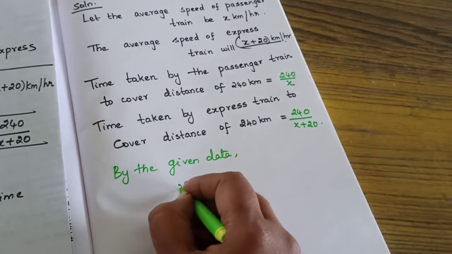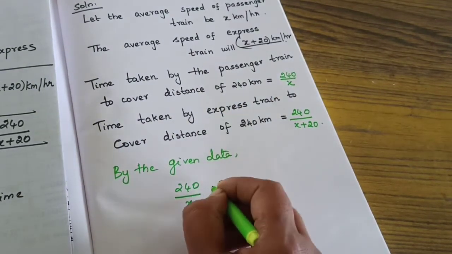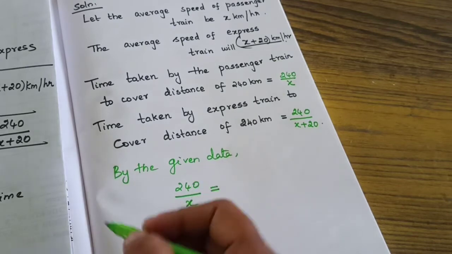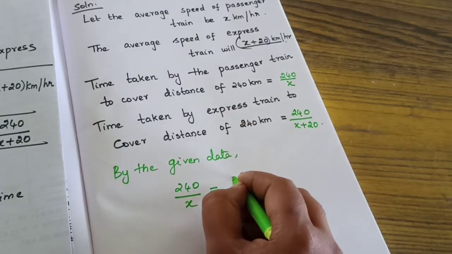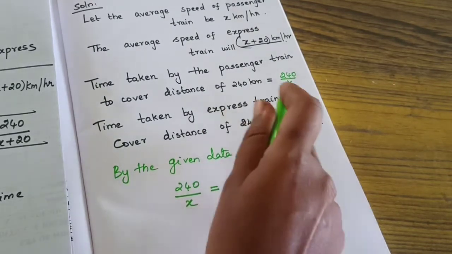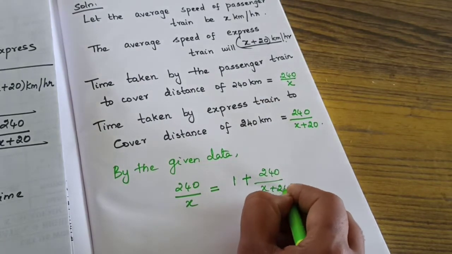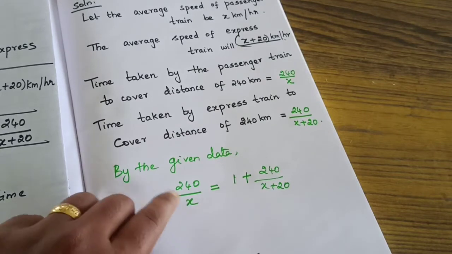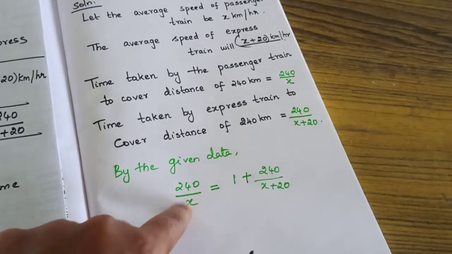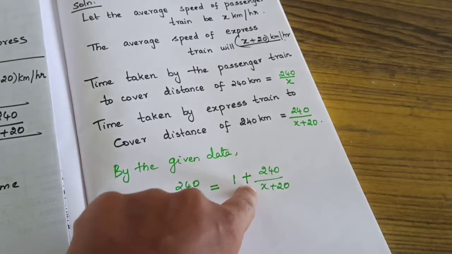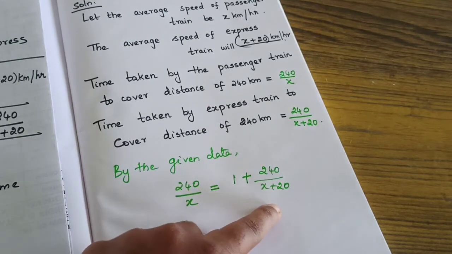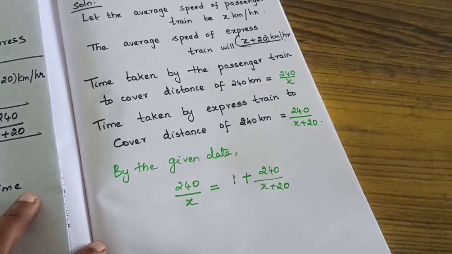So the passenger train's time 240 by x is equal to, it will take 1 hour more than the express train, so 1 hour more than the express train time, 240 by x plus 20. This is the main step. Listen carefully. This is the time taken by the passenger train. It will take 1 hour more than the express train. Got it? Okay. Shall we solve now?